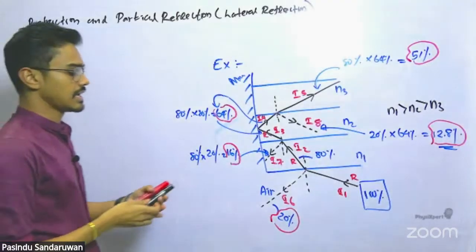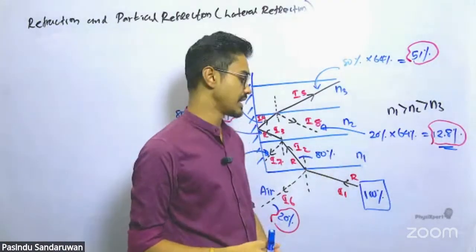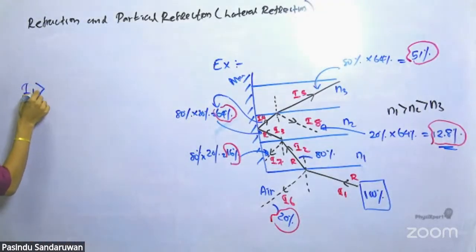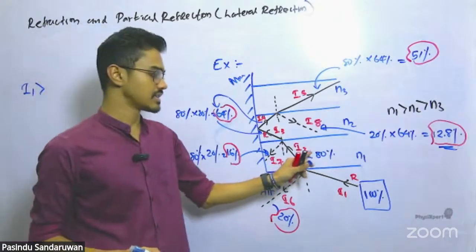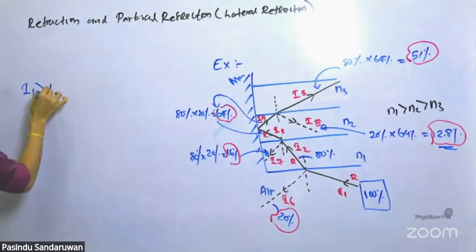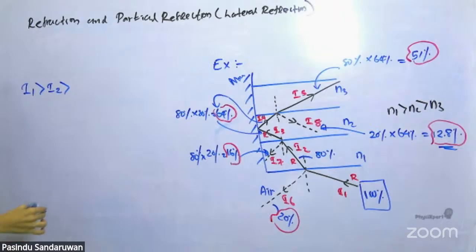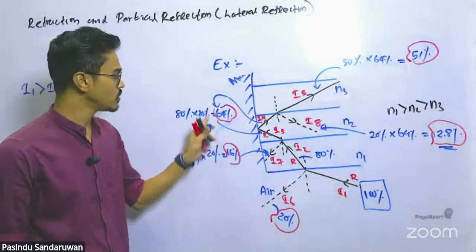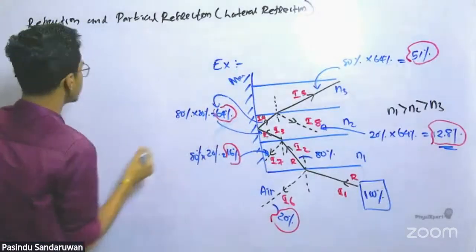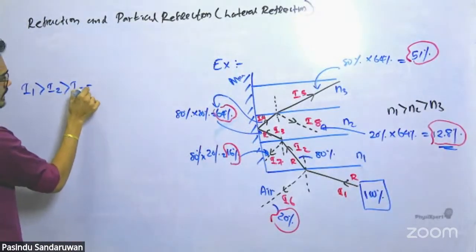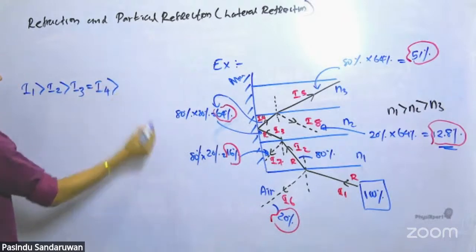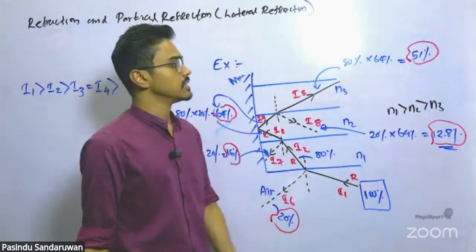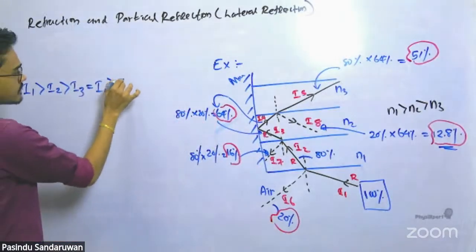Then arrange them in the descending order. I1 is the highest, and the second highest is here, I2 at 80%. And then 64, I3 and I4 are equal. Then 51, I5.